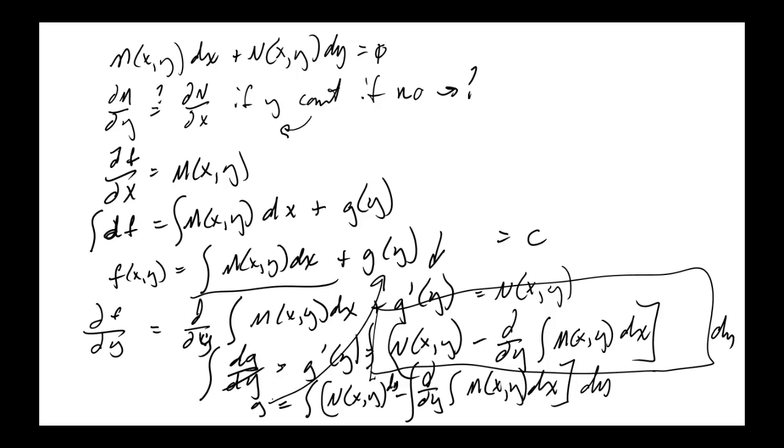Just the partial of this thing with respect to x. Okay? In both of these. Partial of this with respect to x minus partial of this with respect to x. Right? Now, there's another thing you don't know yet. You can exchange the partials, because they're continuous functions with continuous partial derivatives.